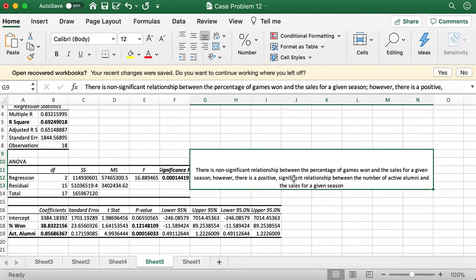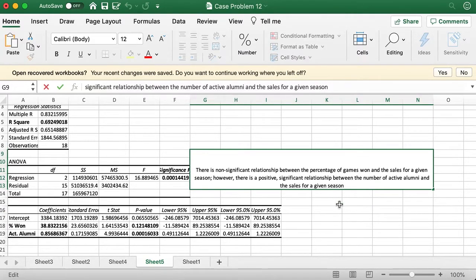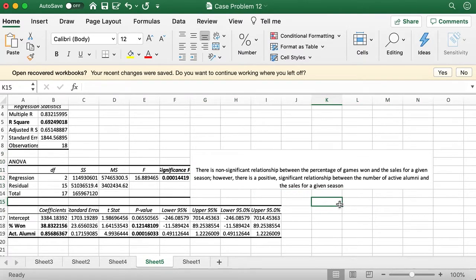So we have that, and typically we would do a little bit more, but this is the basic understanding. I want you to really understand what the beta values mean, these coefficients. Really we're focused on our x variables here, and I want you to understand the p-values: if they're greater than 0.05, then they're non-significant, and if they're less than 0.05, then they are significant.